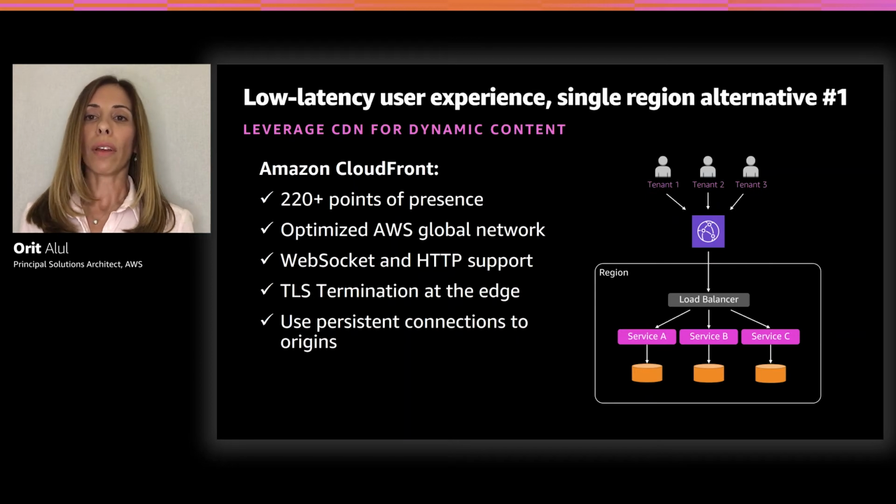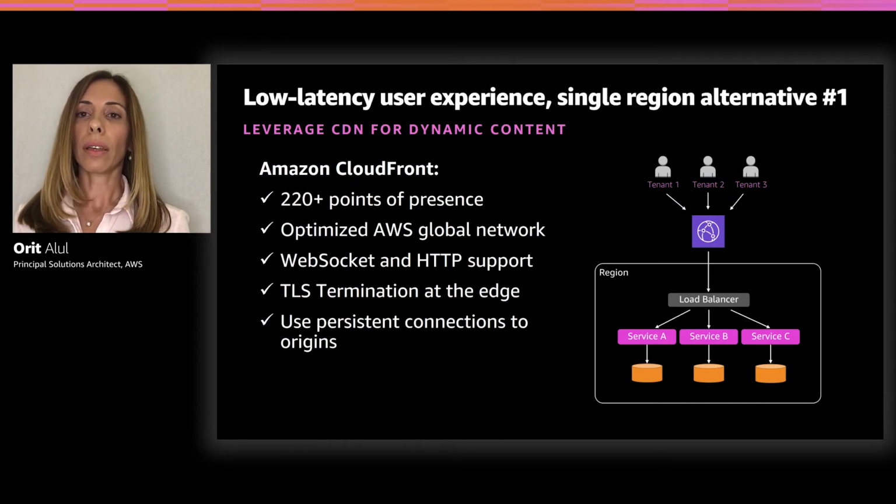Another important advantage is the fact that the TLS and TCP handshake is done at the edge, which is geographically closer to the end user. Therefore, TLS and TCP handshake latency can be reduced dramatically.